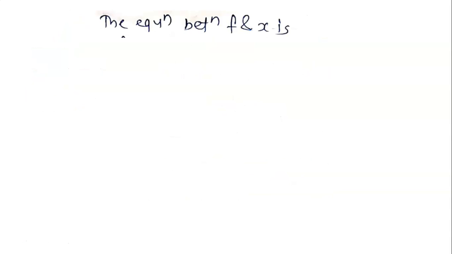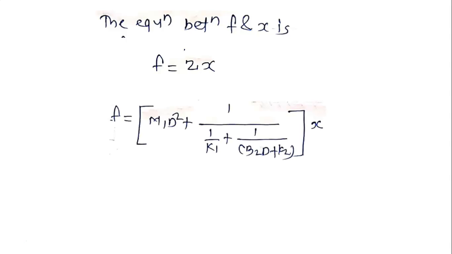The equation between F and X is F equal to ZX. Substituting the value of Z, F is equal to MD square plus 1 divided by 1 upon K1 plus 1 upon B2D plus K2, into X. This is our relation between F and X.